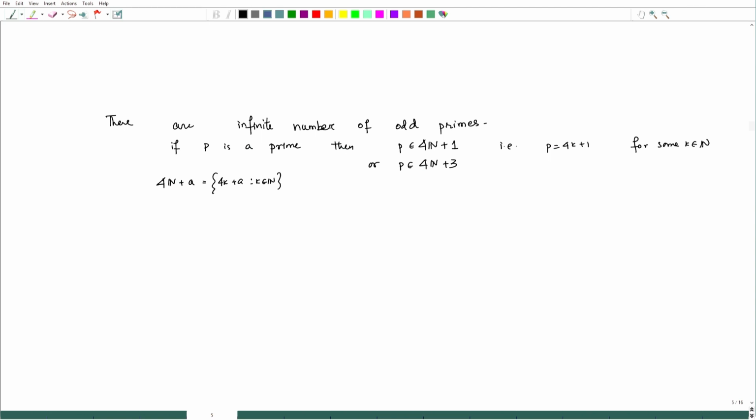So, P is an odd prime, then either it belongs to this or this. So, it is natural to ask: do both 4n plus 1 and 4n plus 3 contain infinitely many primes, or does one of them contain finitely many primes?